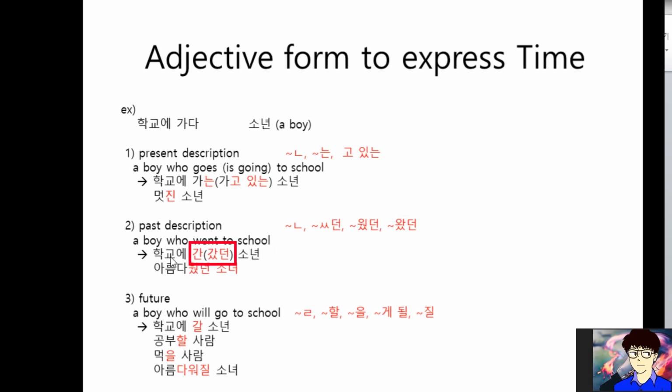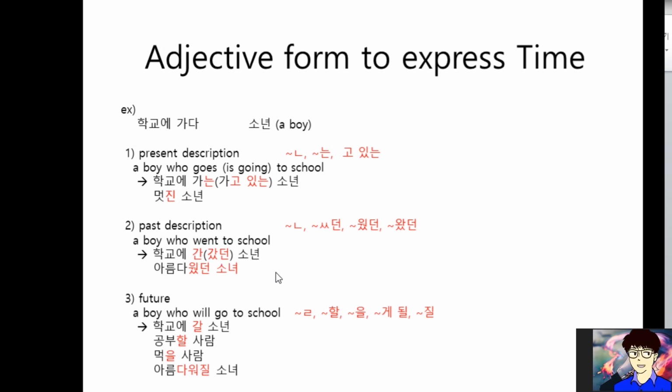So 학교에 간 소년. Or the past base form of 가다 is 갔다, right? So you can use it. So 갔던. You can understand me, right? So 학교에 간 소년 or 학교에 갔던 소년.